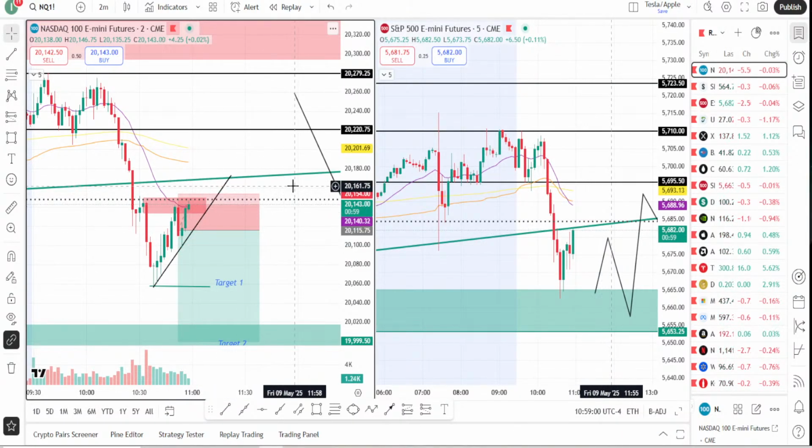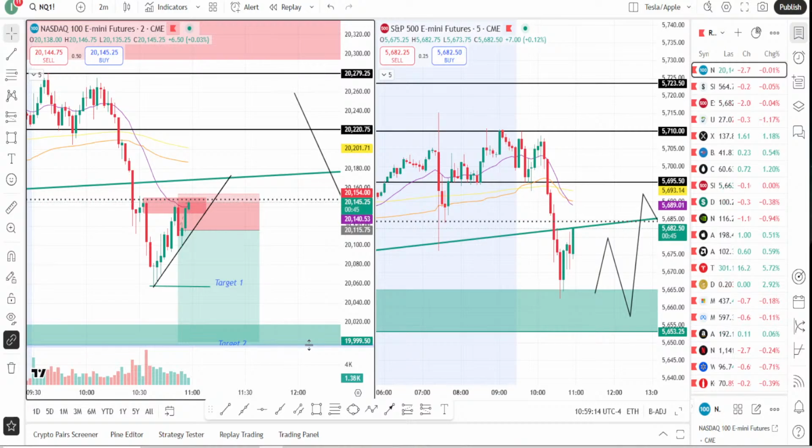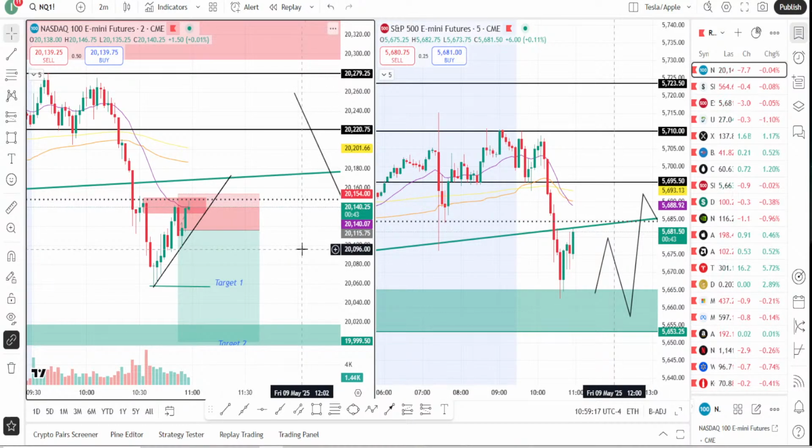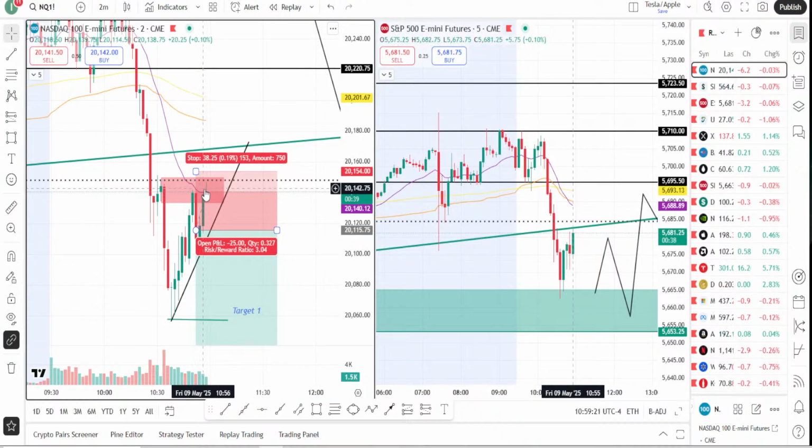Try that again. It looks like a trap. Let's see. They still haven't closed above the 21.